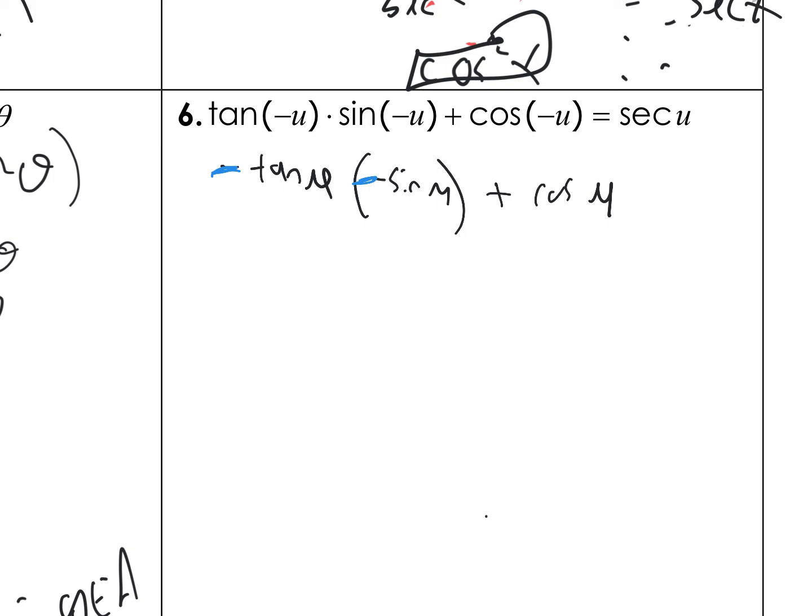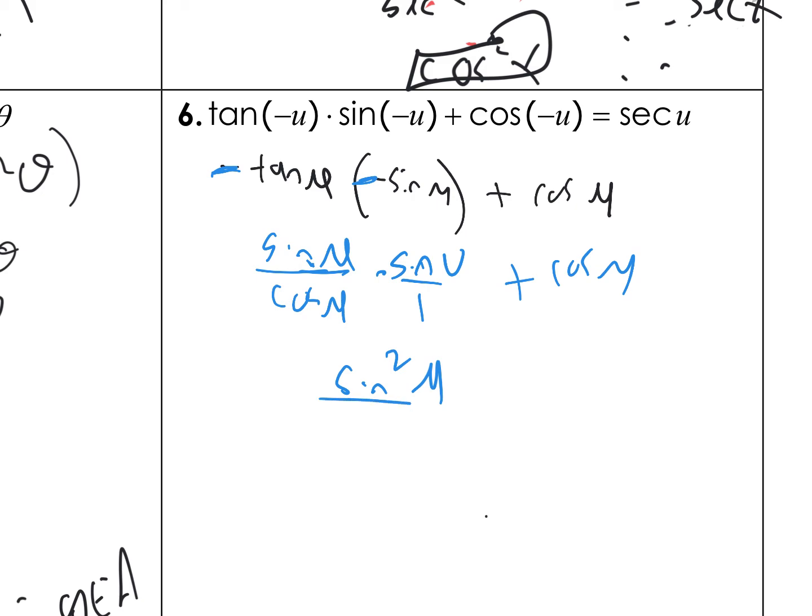And so that really becomes, I think I'm going to turn it into sines and cosines for a minute. A positive sine of u over a cosine of u times a sine of u over 1 plus a cosine of u. I'll just leave that alone. Sine times sine is sine squared of u over a cosine of u.